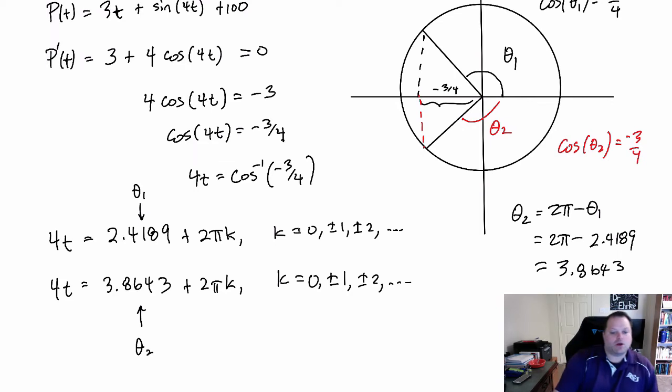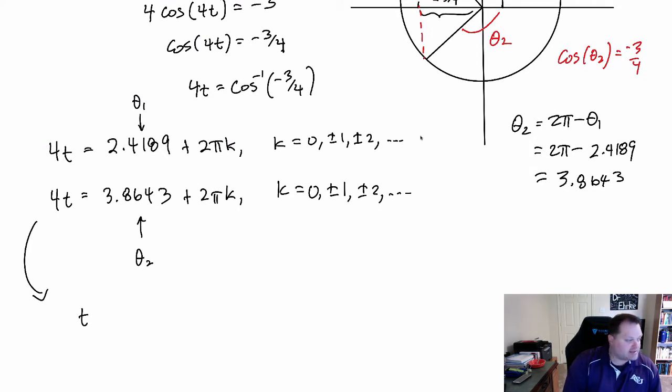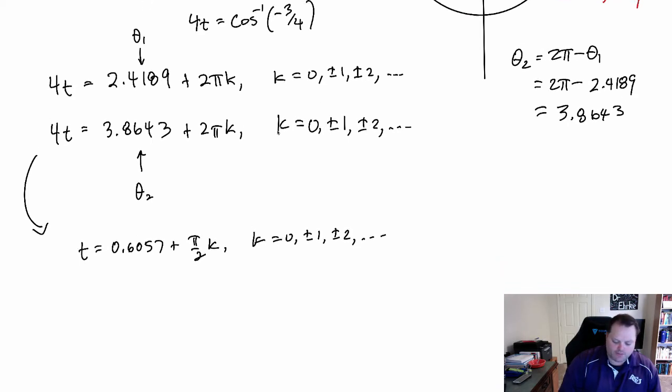All right, so we've got two sets of solutions for cosine inverse of negative 3/4, and in particular, I should divide through by 4 now, okay? So if I divide through by 4, then I've got t is equal to 0.6057, plus, I also divide this by 4, so 2 pi divided by 4 is pi halves, so plus pi halves k, where k goes from 0, plus or minus 1, plus or minus 2, and so on.